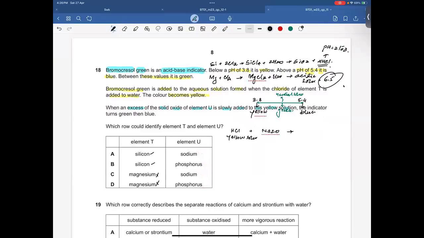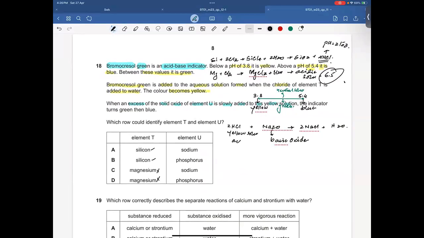And obviously when it is treated with HCl, it is going to give sodium chloride and water. So I need to balance the equation like this, okay? So this must be the basic oxide. Since it is a basic oxide, it can react with acidic solution. So sodium could be the right option, and therefore A is going to be the right answer.